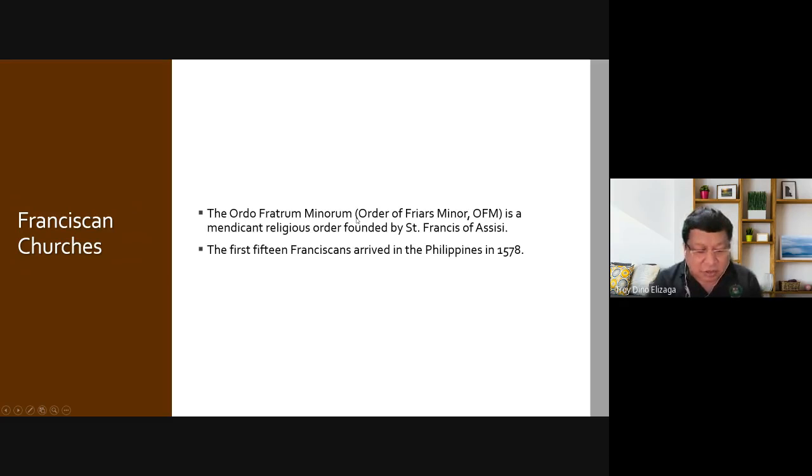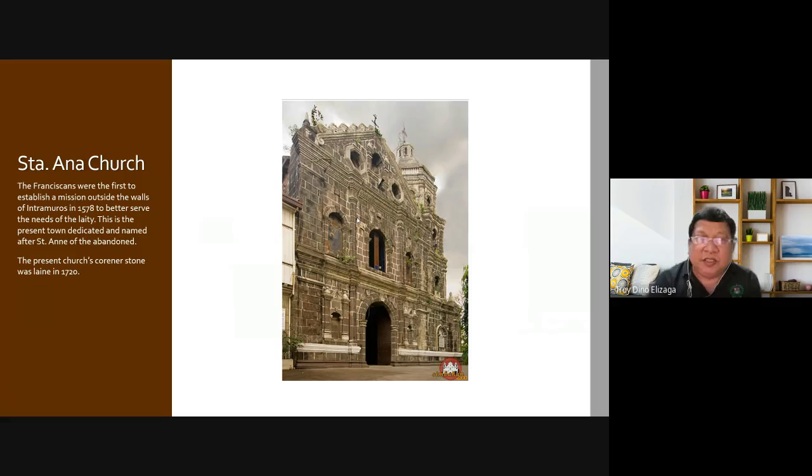So Franciscan churches, the Santa Ana Church. I used to work for a company called Escuela Taller de Filipinas Foundation Incorporated. We train out of school youth in construction techniques which are used in the building of old houses and old churches.